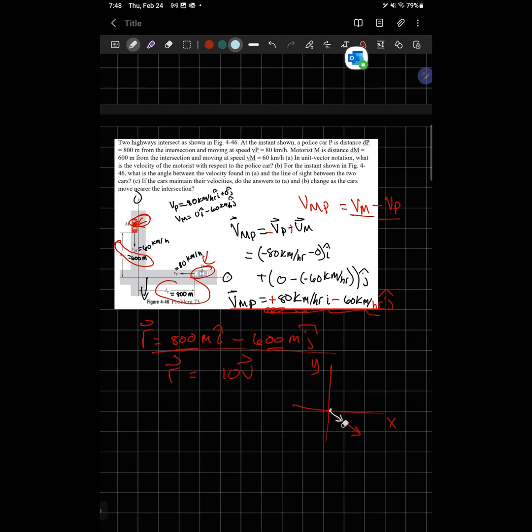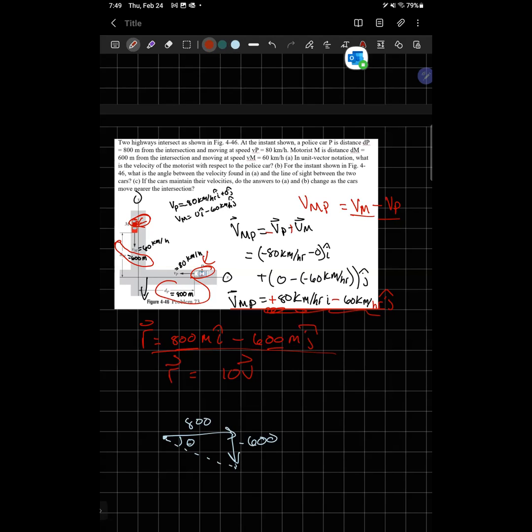And if you had wanted to use trig, for R, that's the 800, that's the 600, and then solve for that theta.